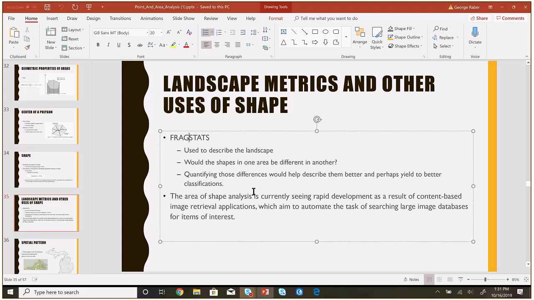In other words, the compactness and the shape and the area, the perimeter, and will help you quantify those shapes. And you can look at the shape metrics through time. Is it becoming more fragmented? Are the shapes becoming longer and thinner? Things like that.